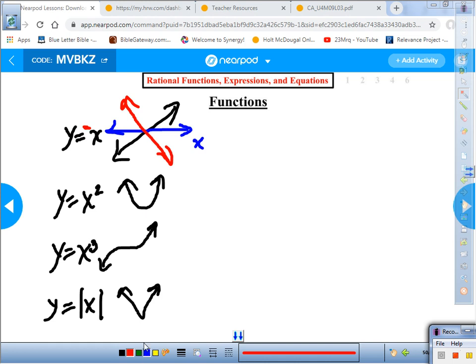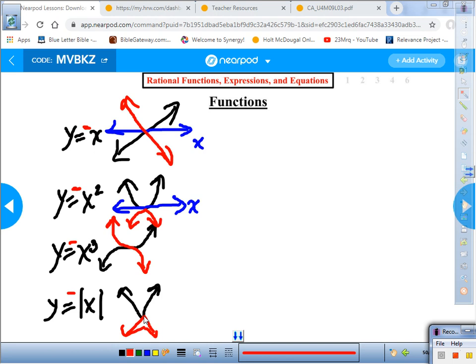Look at this one. If this is the x-axis, what happens if I put a negative here? It should be upside down according to the x-axis, and that happens to all of them. What happens to this one? What happens to this one? And so on and so forth. And that's true for all functions. Are we there so far?